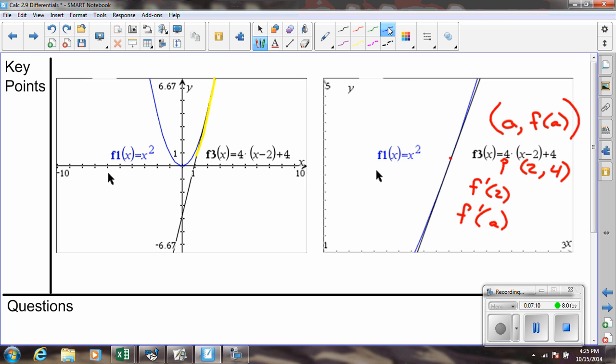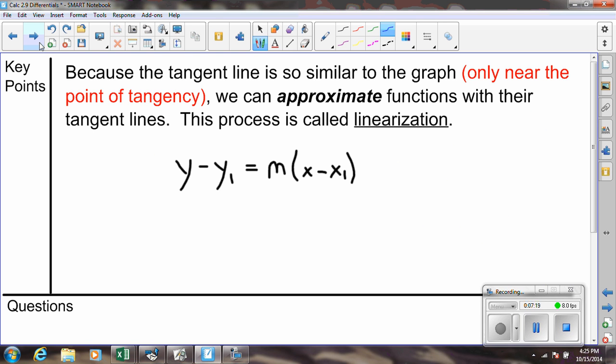Well, when we start plugging this piece in as here's our x1, here's our y1, and the slope, we can rewrite this equation of our tangent line into something of the form y minus f of a equals f prime of a multiplied by x minus a.